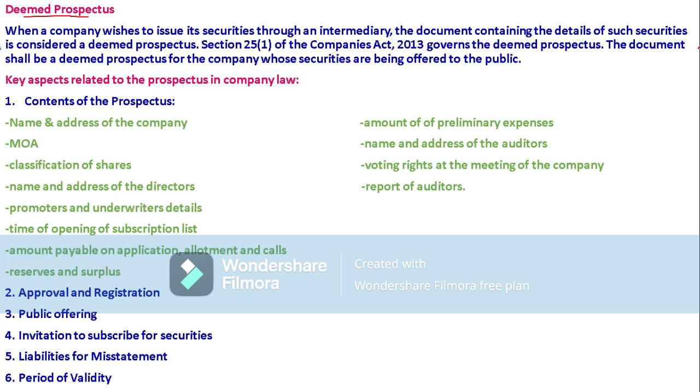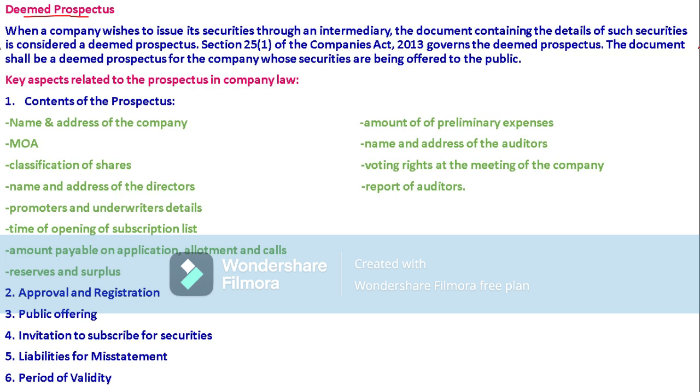As we know, a prospectus is a legal document that a company issues to potential investors, providing them with full information about the company's business, financial conditions, management and securities offered for sale. The main purpose is to assist potential investors with detailed information to decide whether to invest in the company or not. For that, these contents of the prospectus are very important.